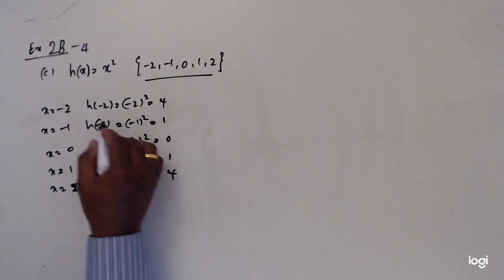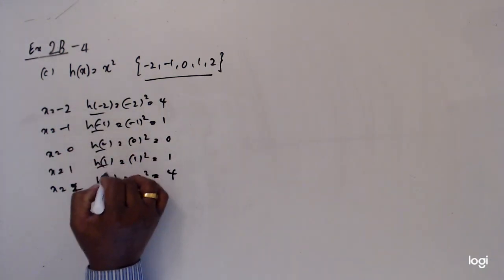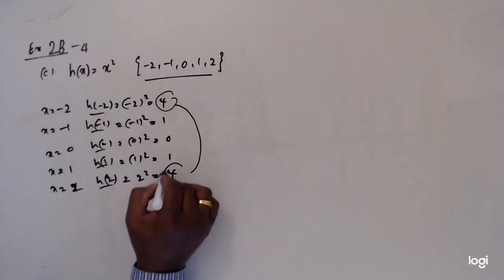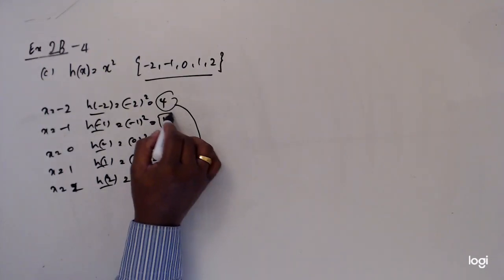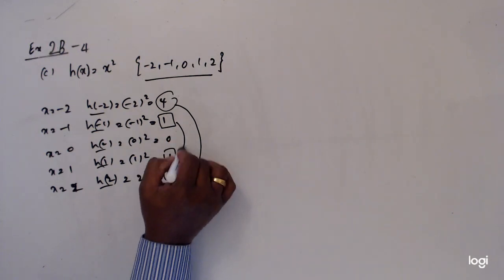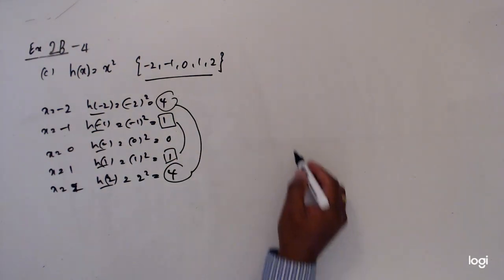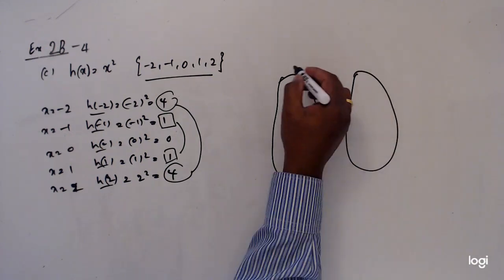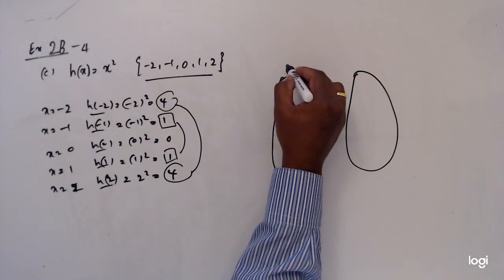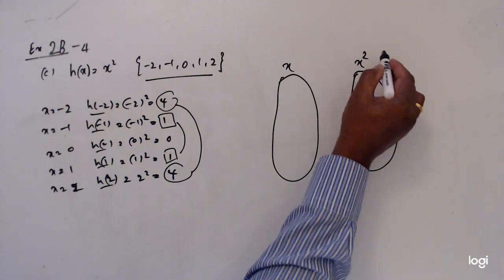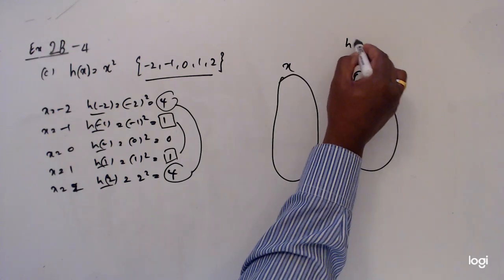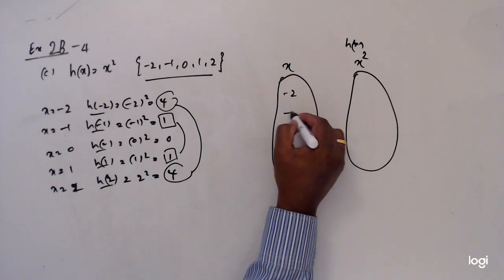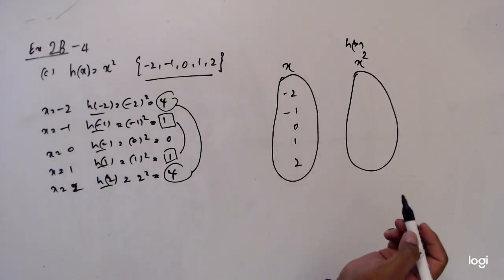So those are the possible range values, and those two range values are the same, and these two are the same. This is x, this is x squared, or you can say this is h(x), and -2, 0, 1, 2.